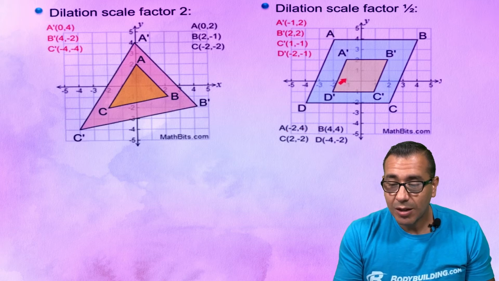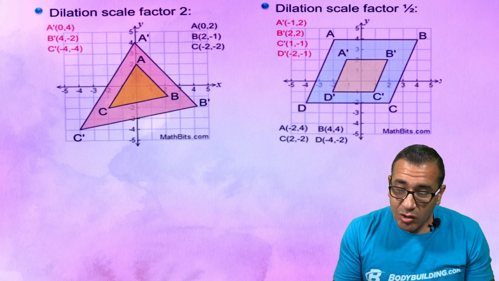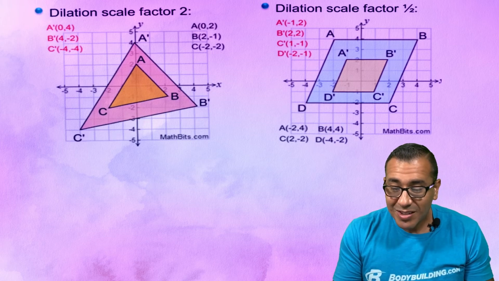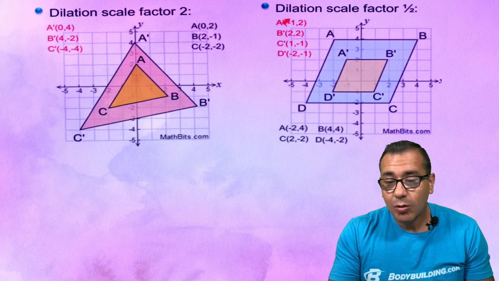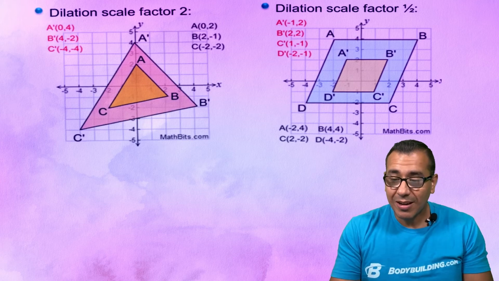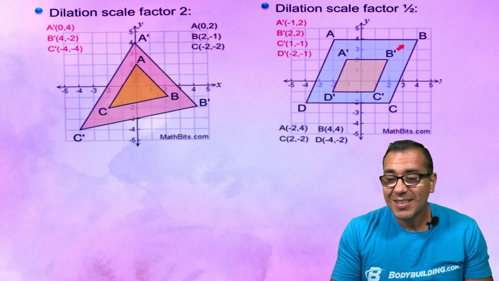So -1, 2, and that's your new A prime. So this is your new point. And once you finish taking half of every single one of these values, that's what produces your dilation here. And this image right here, you could see is half this size.